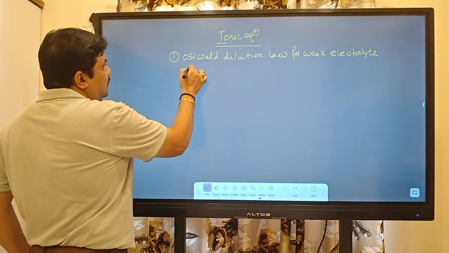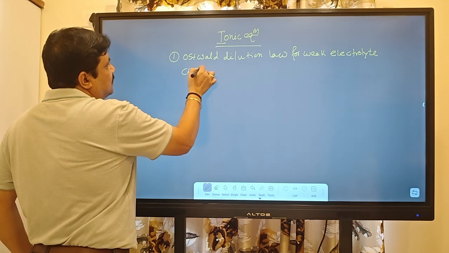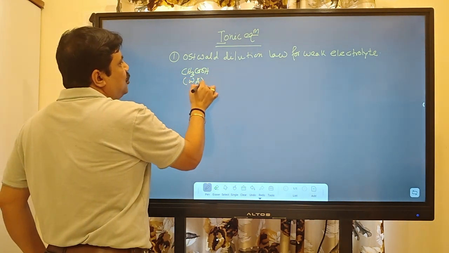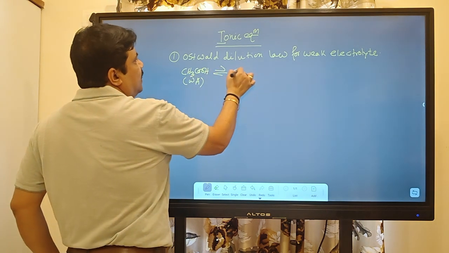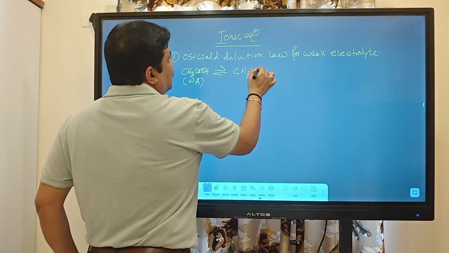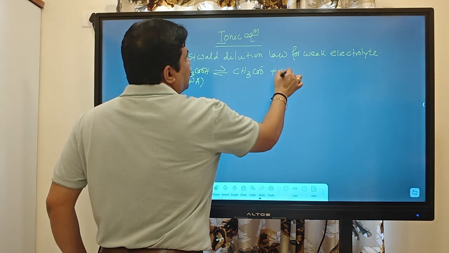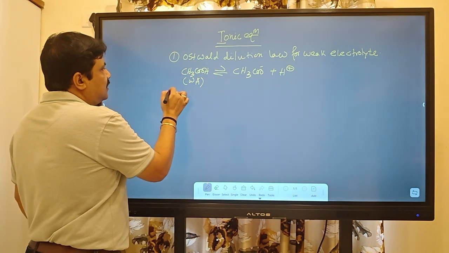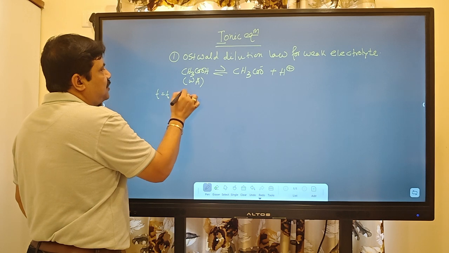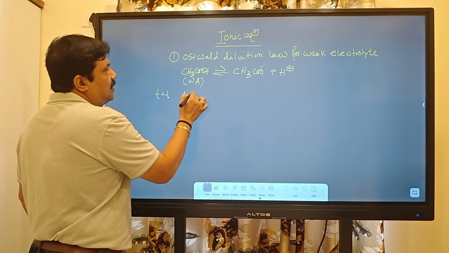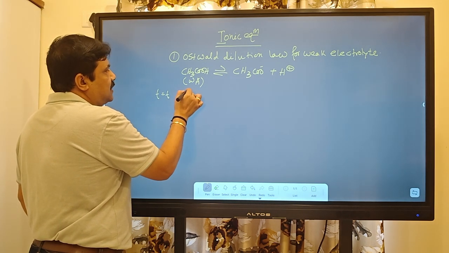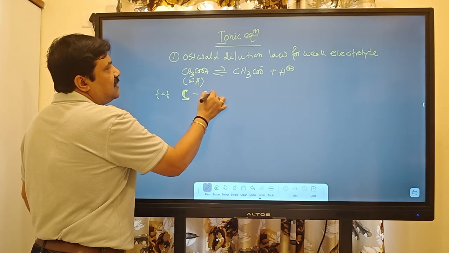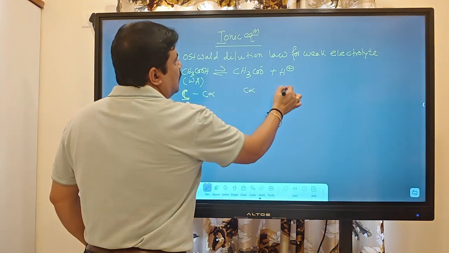Like acetic acid, I hope everybody knows these things. Weak acid we used to write like this, WA. Weak acid dissociates like this, acetate and H plus. Then immediately you know that at equilibrium, if the degree of dissociation is alpha and the initial concentration was C, then at equilibrium it is C minus C alpha, C alpha, C alpha.